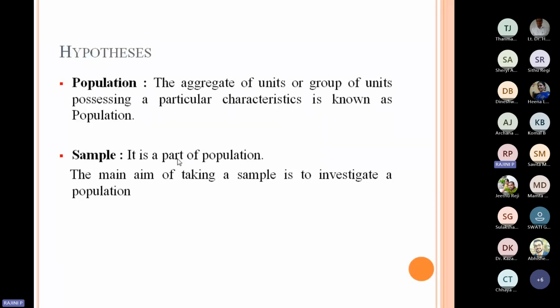Inferential statistics is nothing but giving a conclusion about the population based on the sample. For example, in the class there are 30 faculty members. While teaching, I ask in between whether you are understanding or not.